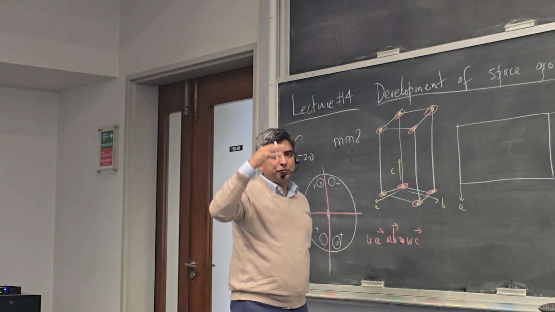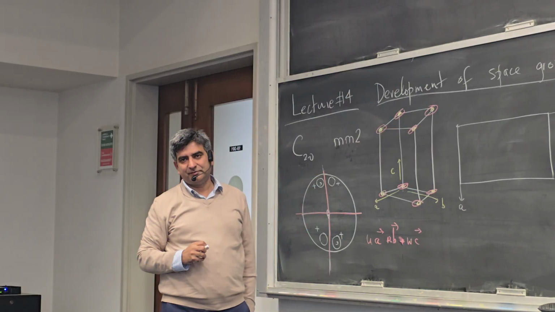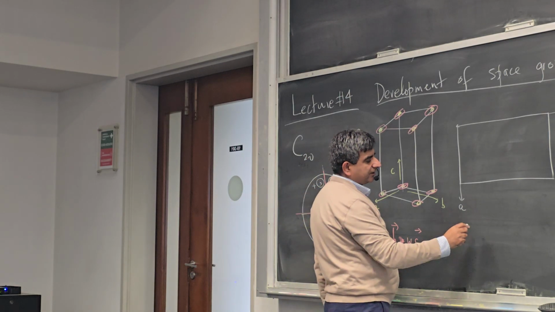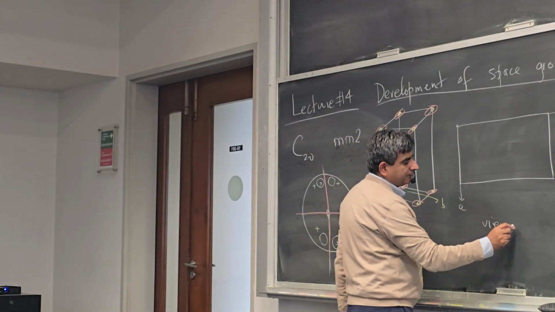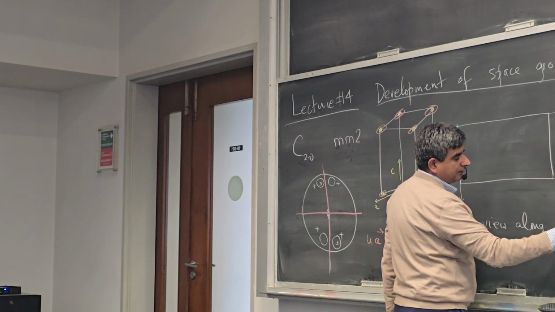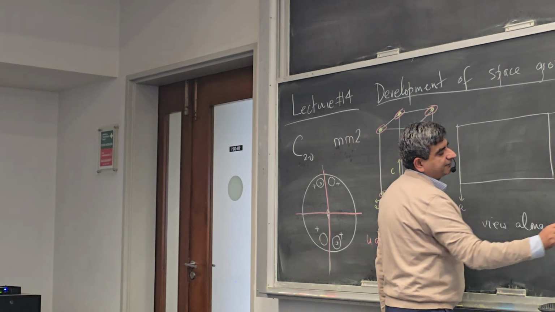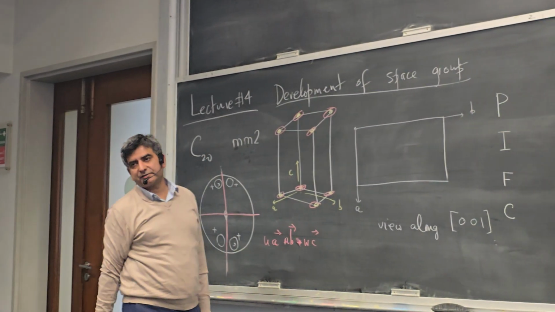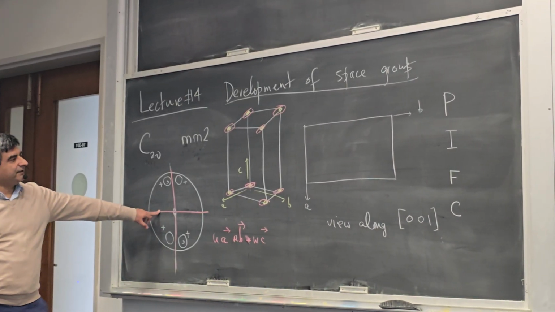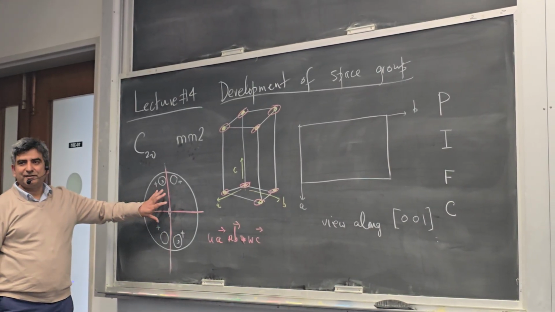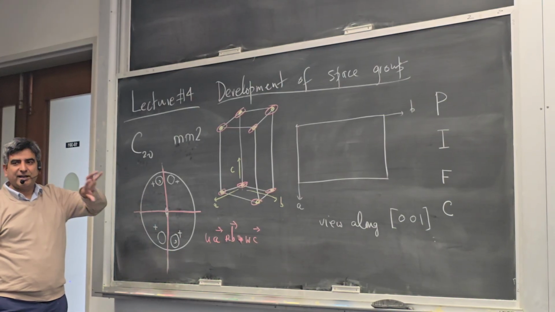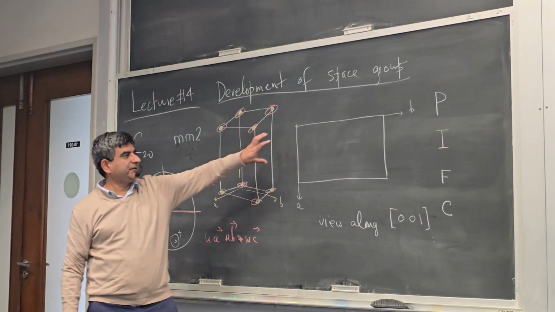So this is viewing along z, along C or Z. I'll explain directions and distance structures later. They're very important. So now I place this motif, this object, which has mm2 symmetry and mm2 point group, at this point.